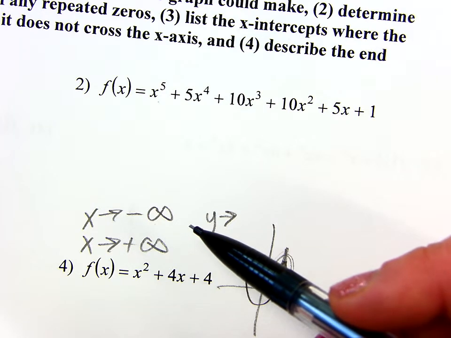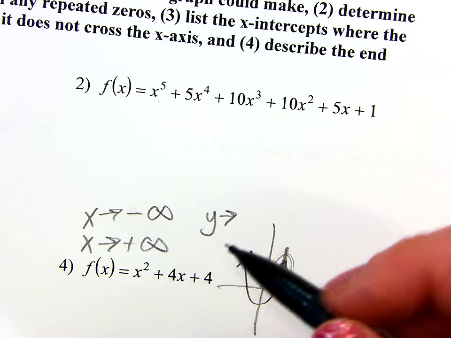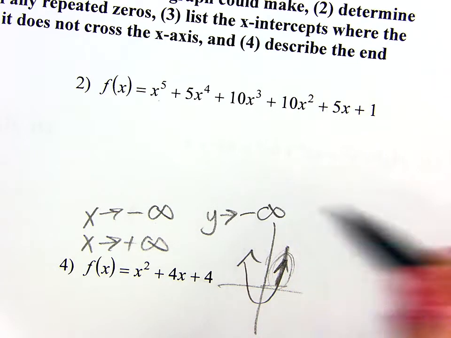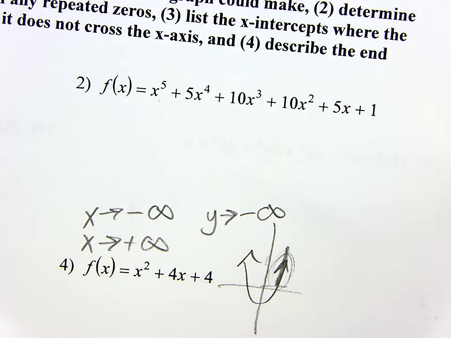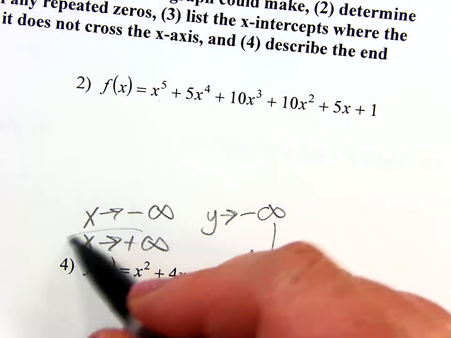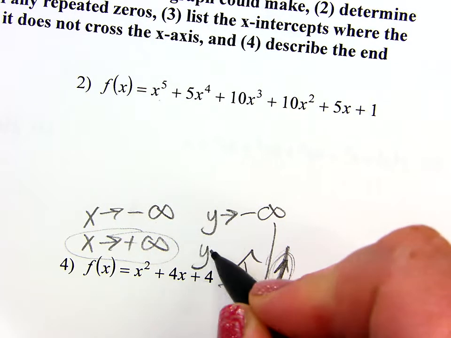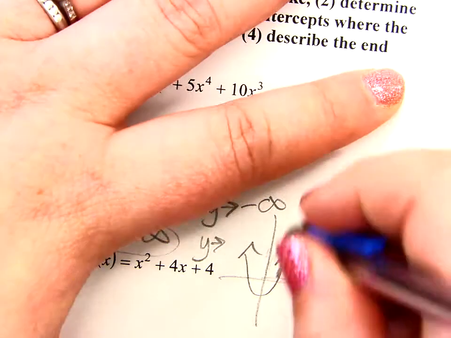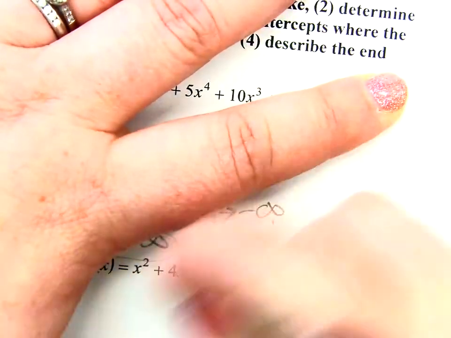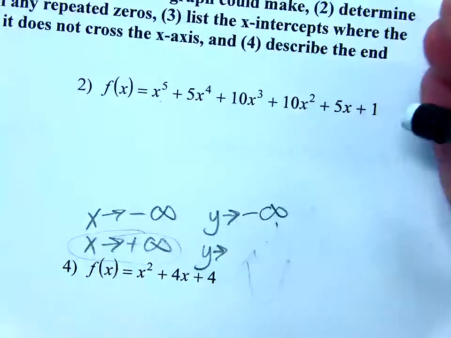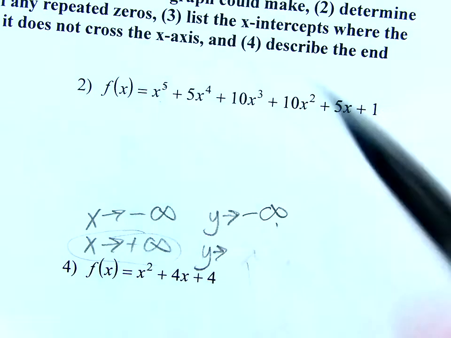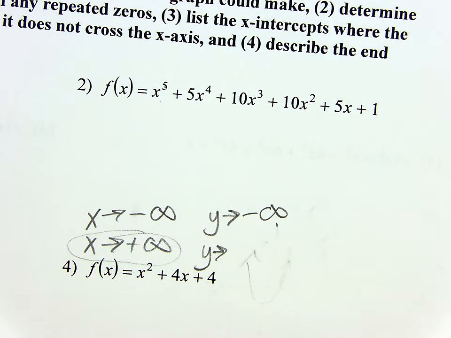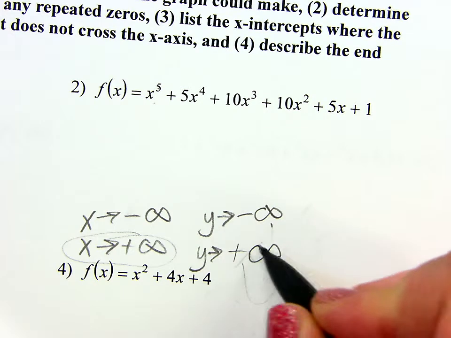This is your right hand. What's your right hand doing for this? The only time that they're going to do the same thing is if the exponent's even. So it's going up.